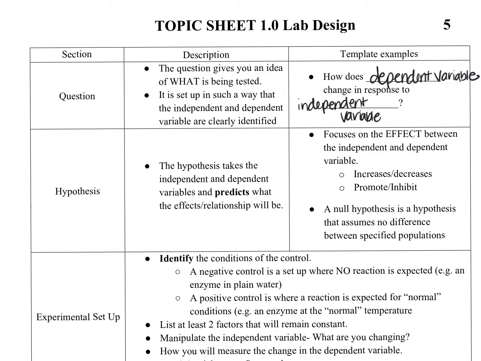In other words, that this is not going to be any different from that, or A is going to have the same results as B. So a null hypothesis is a very specific type of hypothesis, and it's used in statistical testing, and it assumes that there's no difference between specified populations.